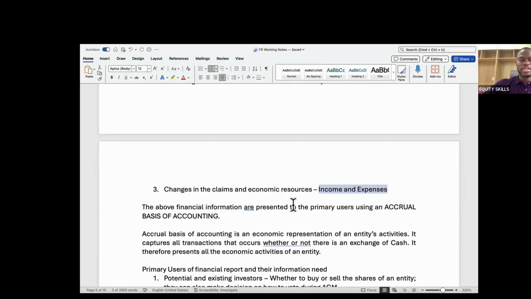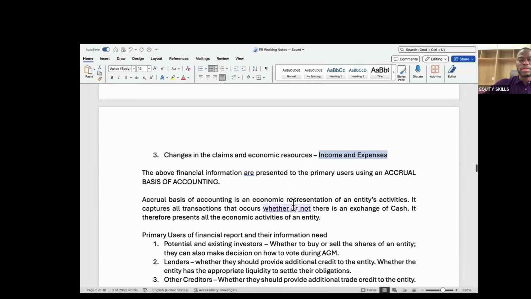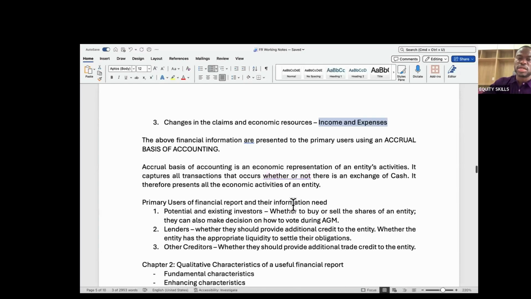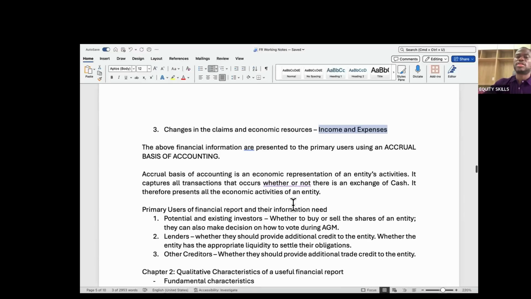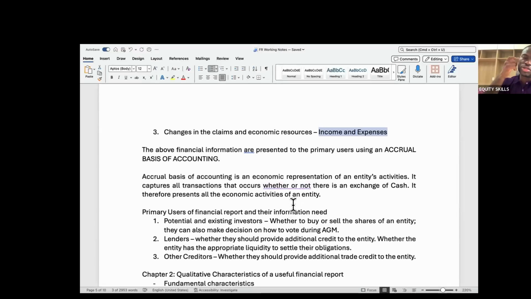Then we went ahead to look at this information, when we present it to the users, and they should be provided on an accrual basis. And accrual basis of accounting means that all transactions of an entity should be captured, whether or not there is an exchange of cash.